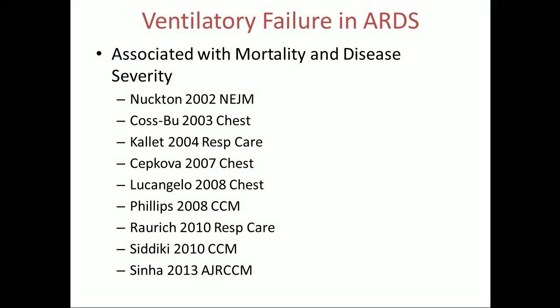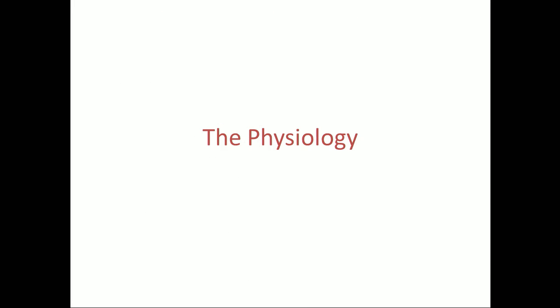There have been several studies subsequently that have looked at dead space or a surrogate of dead space as a prognostic marker in ARDS, and all of them have consistently shown that it is associated with mortality and is an independent predictor of mortality. Some of these studies have also looked at dead space over time and found that sequential increases in dead space are a worse prognostic marker. Again, we seldom measure it.